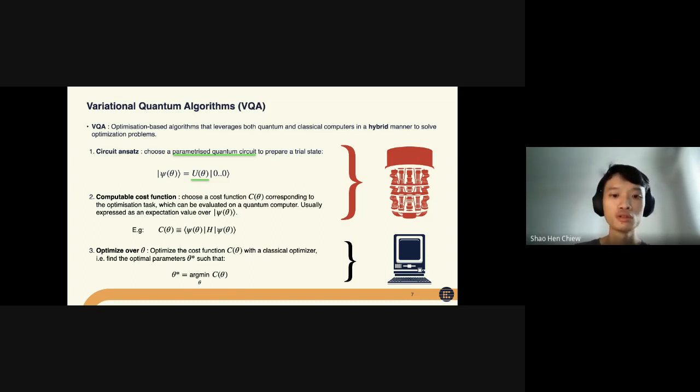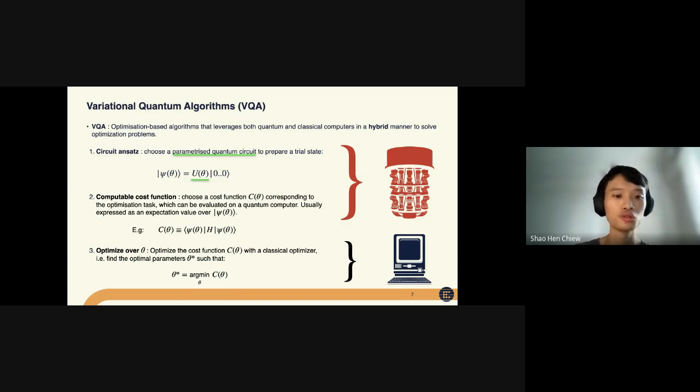This information, when fed into the gradient descent optimizer, will then tell you how to choose theta 1. Then you take theta 1 and put it back into the parameterized quantum circuit. That will allow you to compute C theta 1 and the gradient at C theta 1.